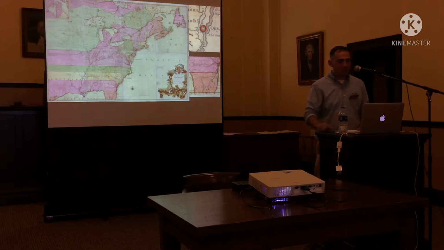And so down here in the bottom right, you've got the border of Florida, which is pushed significantly farther south than what the Spanish would claim is there. So if there's any type of dispute between the British or another empire, then it's going to go to the British on this map, because it was made by the British.